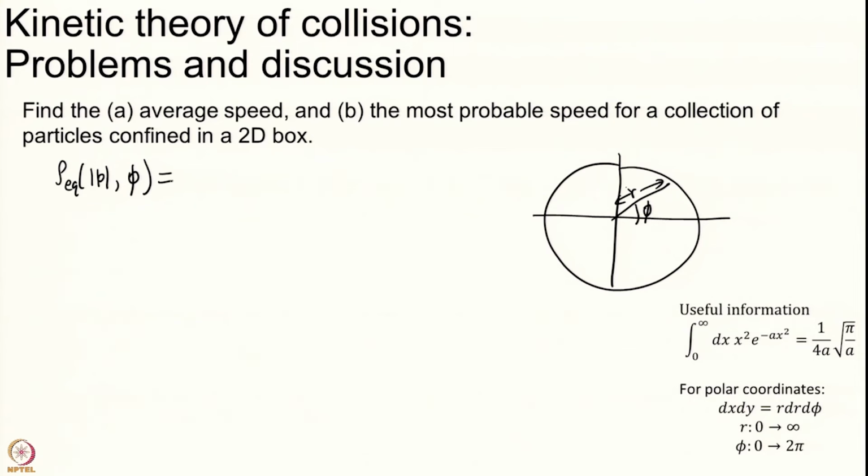Okay. So, this will be equal to, now we will convert. So, what is our basis? P is root of Px square plus Py square, and importantly we will see this thing here, dpx dpy is mod p dp d phi.